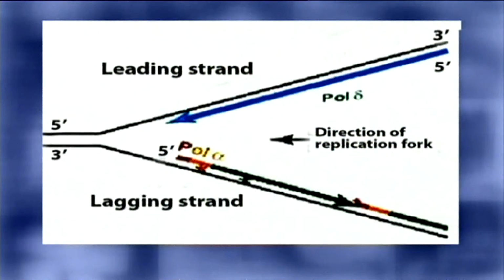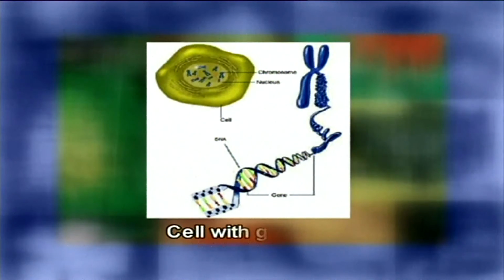Polymerase alpha is the main DNA polymerase for the synthesis of a lagging strand, while polymerase delta works on the leading strand. Merits of DNA replication. DNA replication is important because it ensures that every cell in the body contains a complete and identical genome.